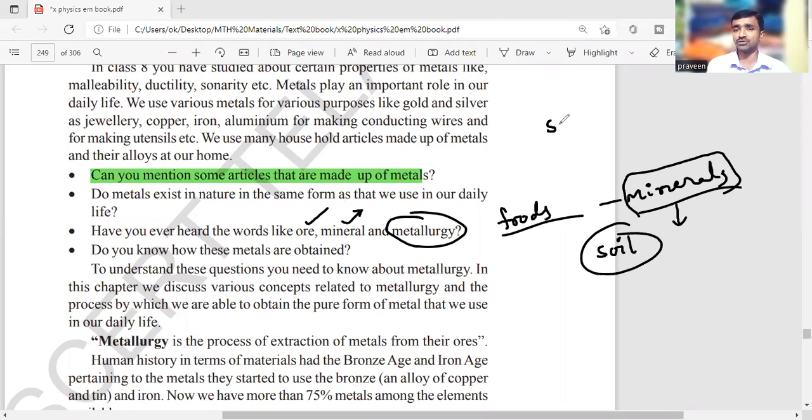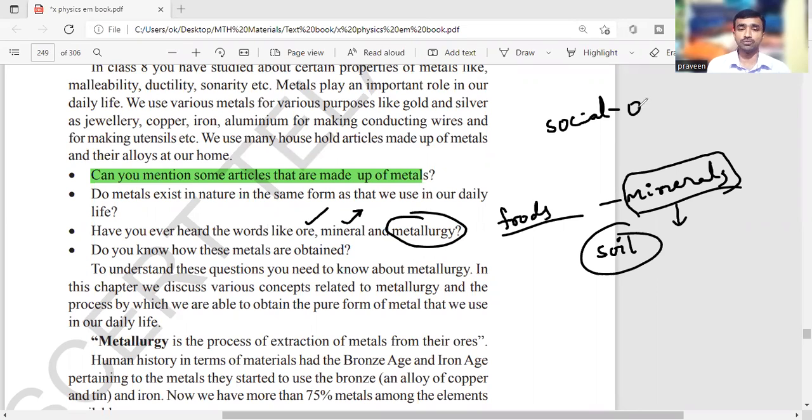So what about ore? Maybe you learned about ore in your social studies subject, right? So with this ore, you are discussing minerals, metals, mining.